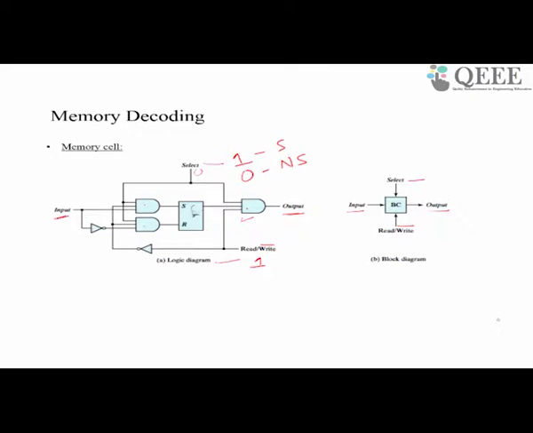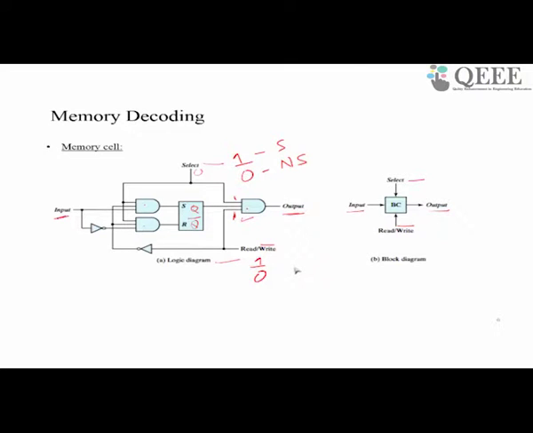Then the Q output of the SR flip-flop, we will normally have 2 outputs, Q and Q bar, which are complements of each other. The Q output of the SR flip-flop is placed on the output, because the select is also 1 and the read is also 1, so the value that is stored in this flip-flop will be available at the output. So this is how we read the content of the flip-flop.